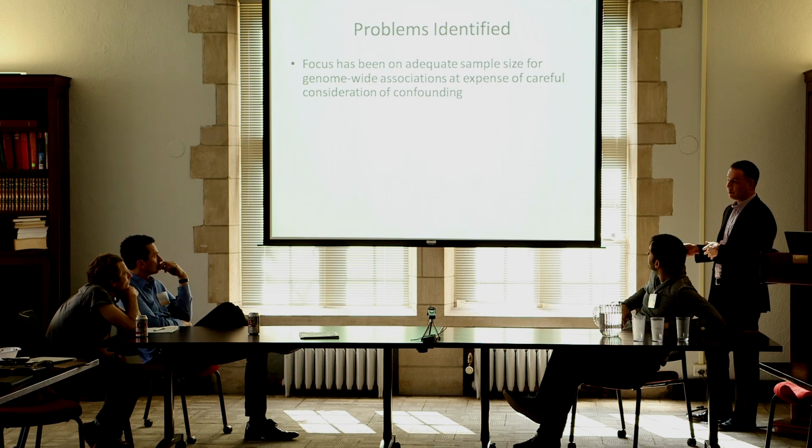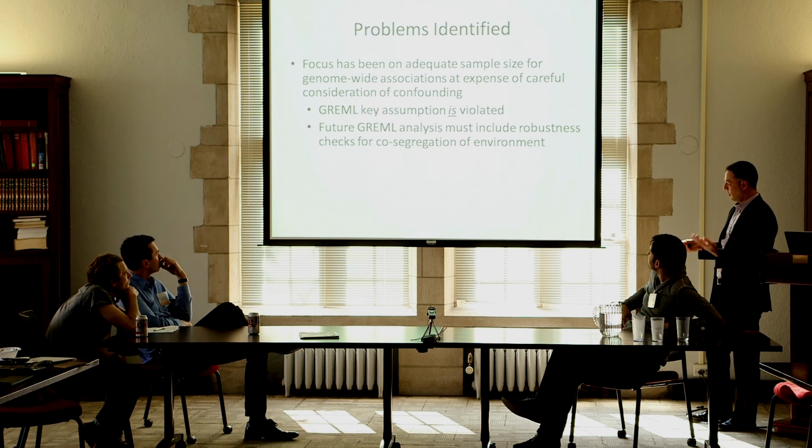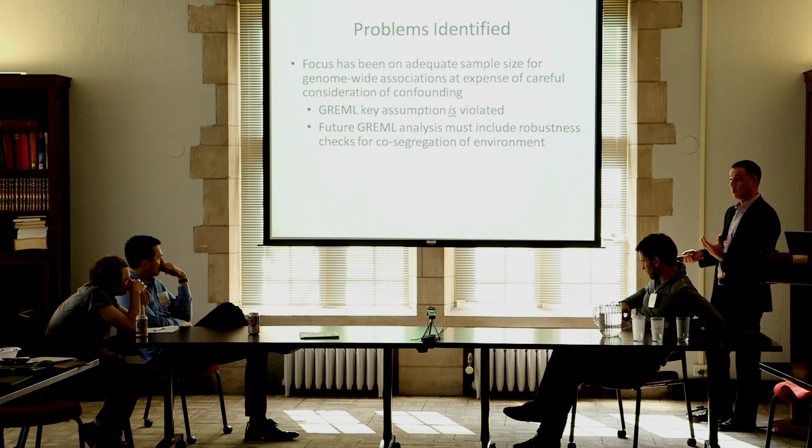So I just want to say that the focus has been on adequate sample size, but at the expense of confounding. And for GREML, I think that at the very least, everyone who's doing GREML going forward should do some sort of placebo test on purely environmental variables and see what's going on, or control for relevant environmental variables for their particular social science or medical outcome.